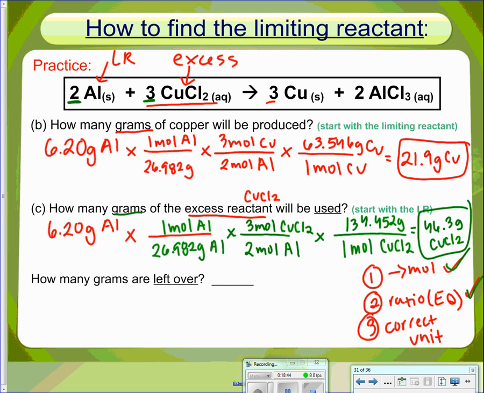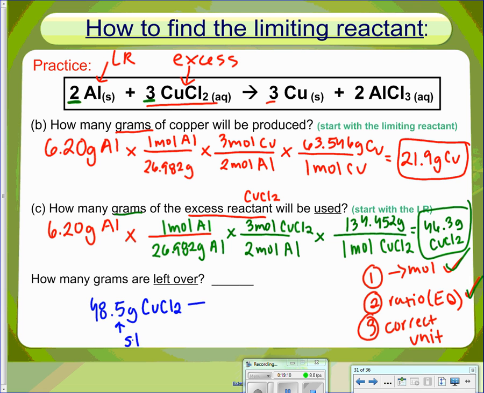Then there's one last part that I can ask you. I know it's a lot, but the one last thing is how many grams are left over. What you have to do is simple subtraction, just like with the cheese sandwiches. We started with 48.5 grams from part A of our copper 2 chloride.